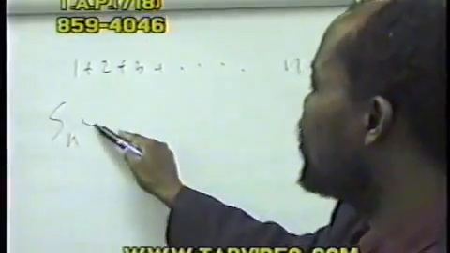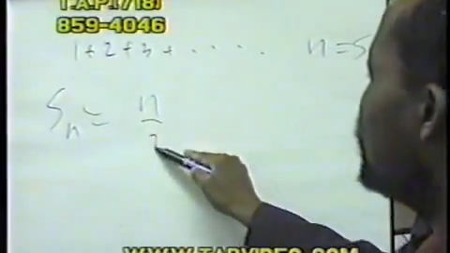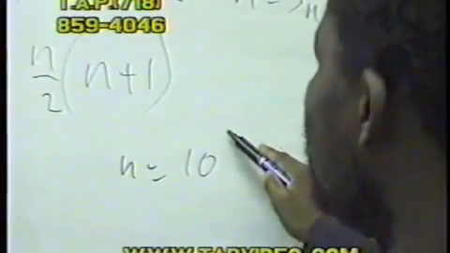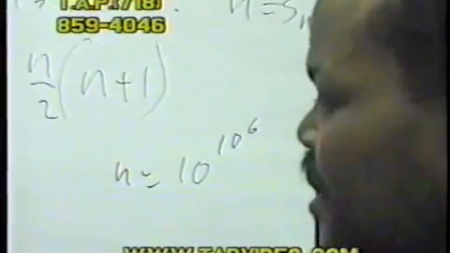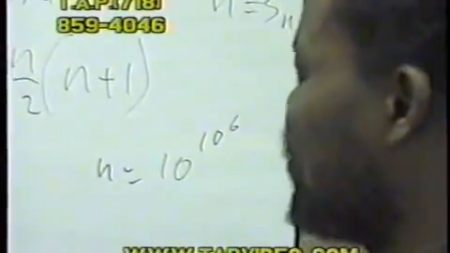S of n is equal to n over 2 times n plus 1. This is what I found in the high school. And like I said, let's say n was equal to 10 to the power a million, 10 to the power 6. You try giving that to the computer, though.